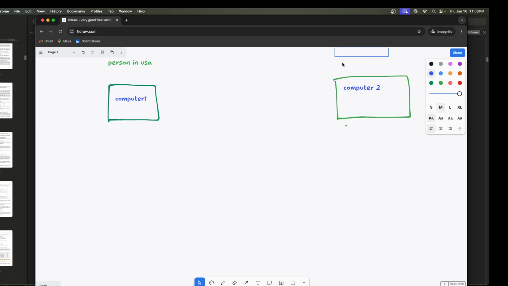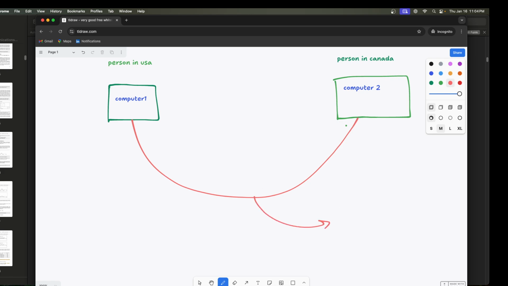This is the person in Canada. For communication to happen, both of these guys need to be connected, right? So this is going to connect. This is a wire, a physical wire that is going to connect them.